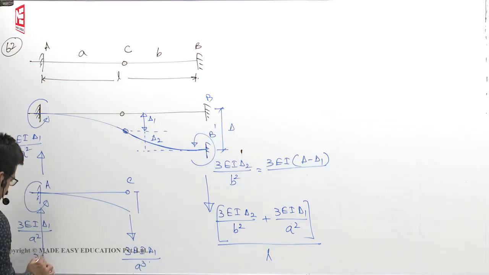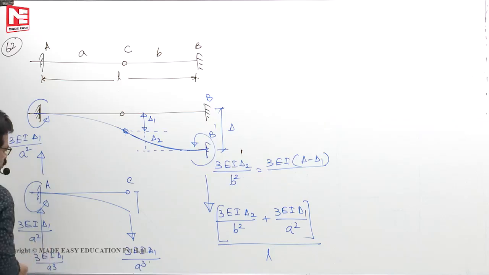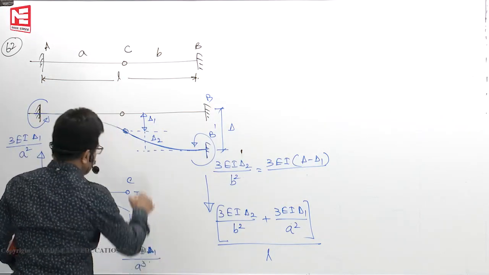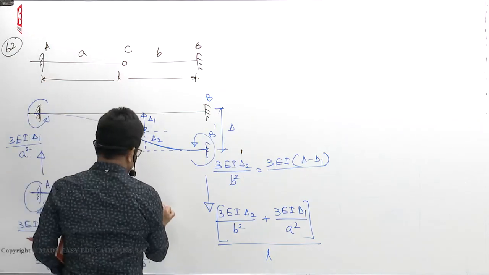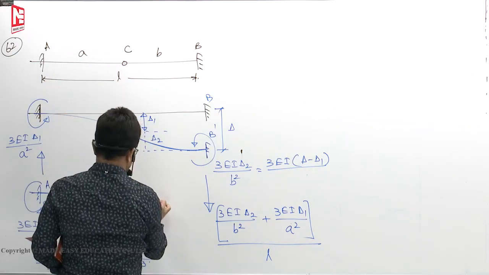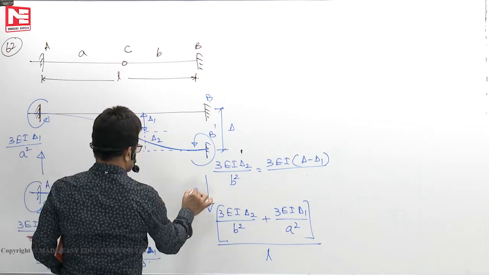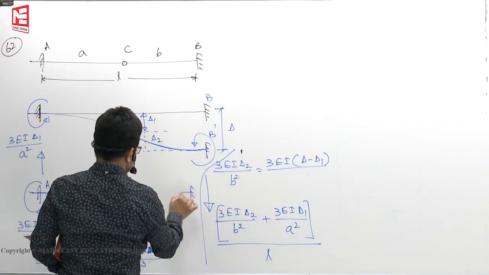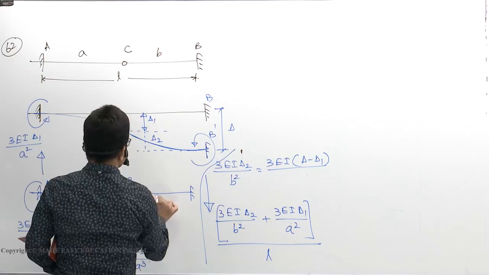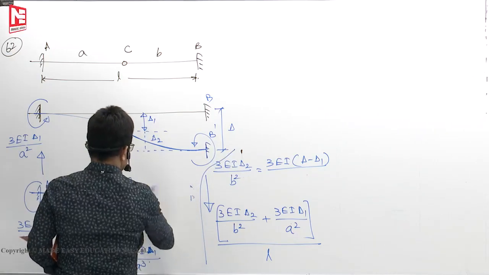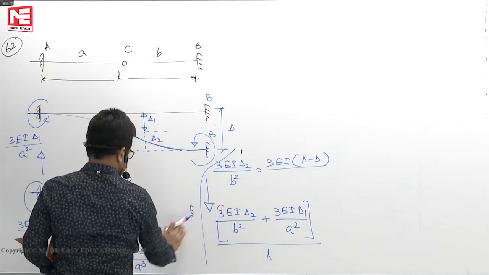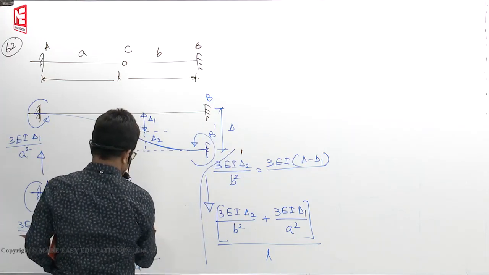Here also 3 EI delta 1 by A cube. By the M by L formula, if I take it, this is the formula. And for this one, the upward reaction you will get like this. This is overall. This is going up, but further down it is.